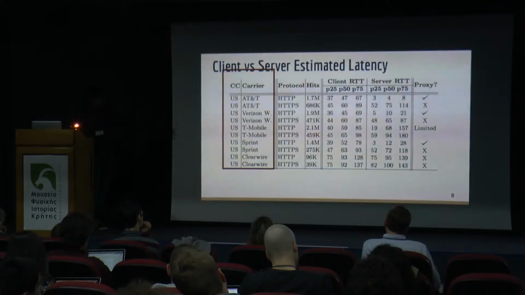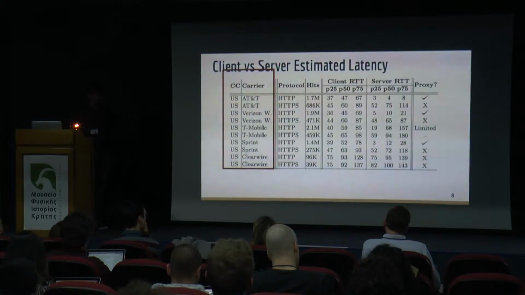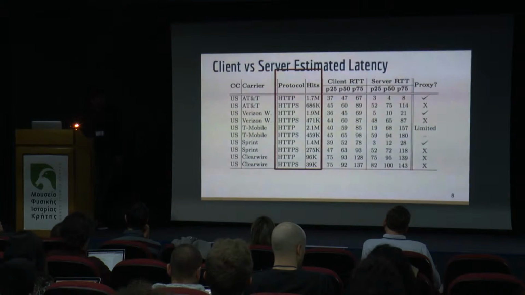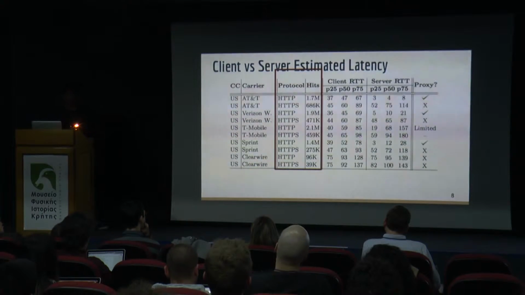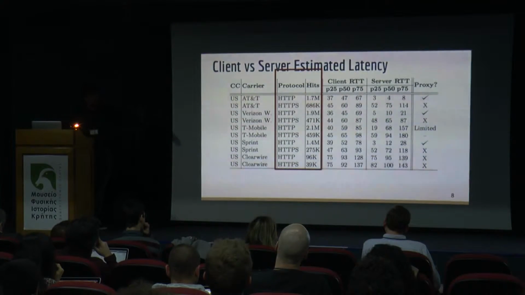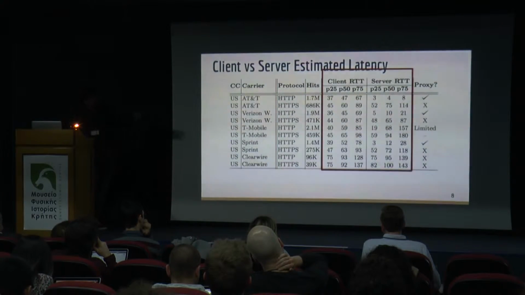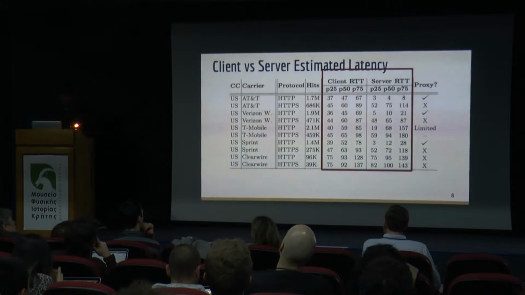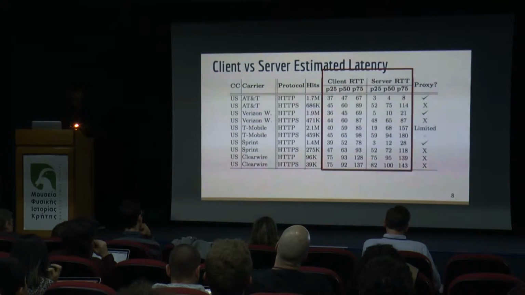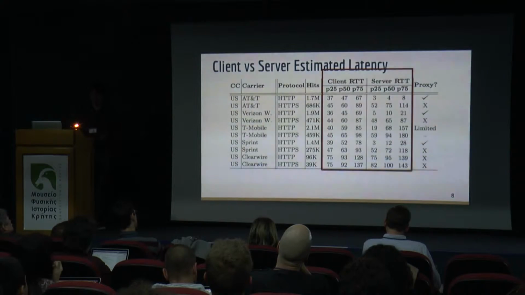The first two columns here represent the carrier and the country in which the carrier was deployed. The next two columns represent the type of application protocol, HTTP and HTTPS. Hits represent the number of requests that Akamai recorded for each protocol and each network. The client RTT column represents the latency estimated by the client using the navigation timing API.